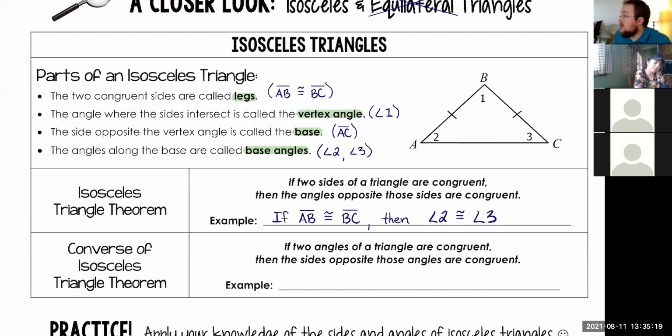If you know the sides to be congruent, their opposite angles must also be congruent to each other as well.